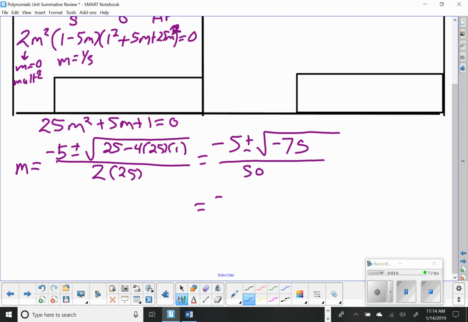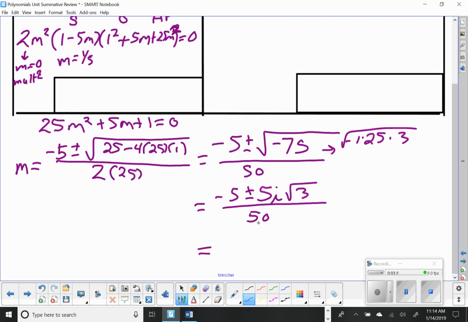So this is going to be negative 5 plus or minus, okay, 75 is 25 times 3, and then I have that negative 1 there. So I've got 5i root 3, the 3 has to stay underneath, and then I have 50. I can simplify this because 5 will go into 50 10 times, and go into each one of these once. Negative 1 plus or minus i root 3 all over 10.